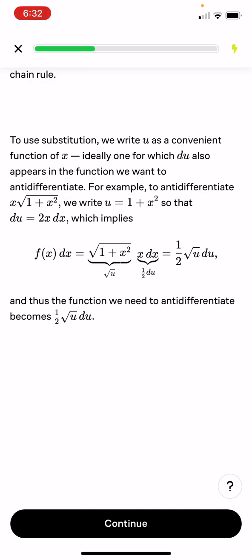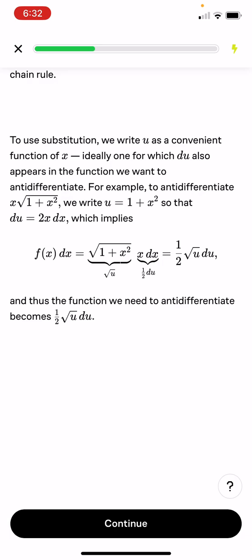For example, to antidifferentiate x square root of 1 plus x to the second, we write u equals 1 plus x to the second, so that du equals 2x dx, which implies, as we see in this equation, x dx equals 1 over 2 du.